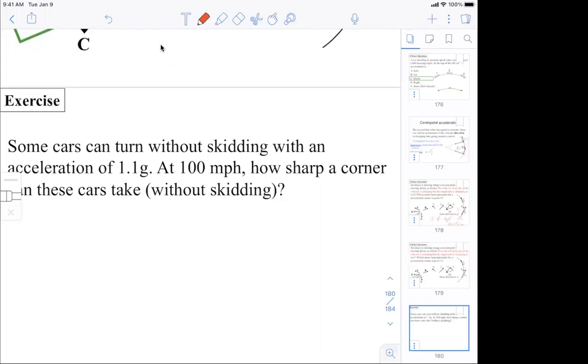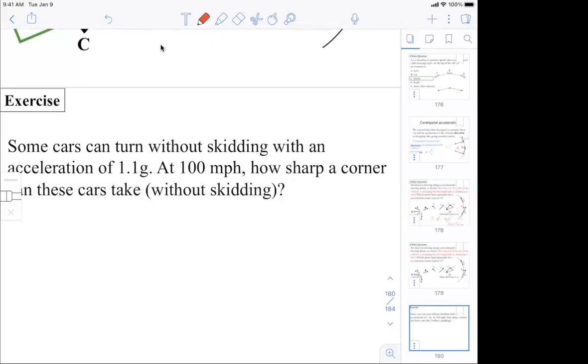It turns out that in order to make that turn, you need a certain centripetal acceleration to change the direction of your velocity. Now, if your velocity is too fast, then you will need a bigger circle, right? The tighter the circle is, the bigger acceleration it requires.